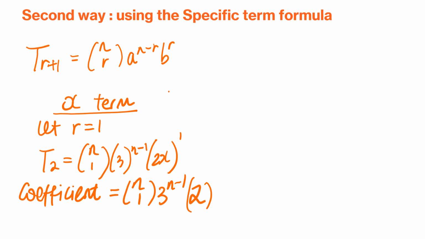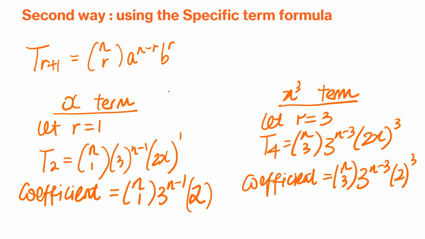And then we also need to find the coefficients of the x cubed term. So the x cubed term is actually the fourth term, where you let r equals 3. In both ways, you will get the same answer for the coefficients of the x term and the coefficients of the x cubed term.